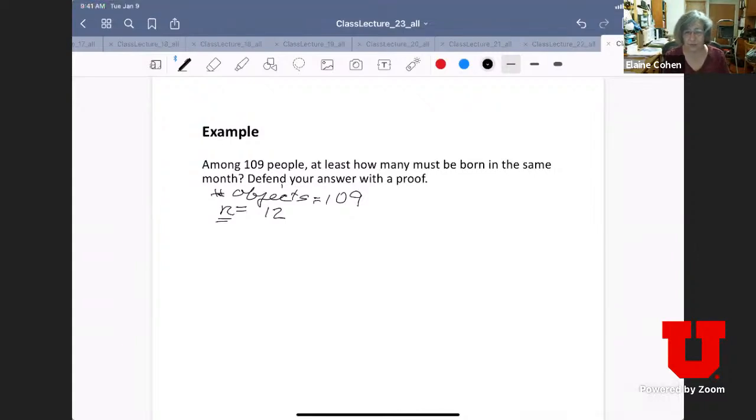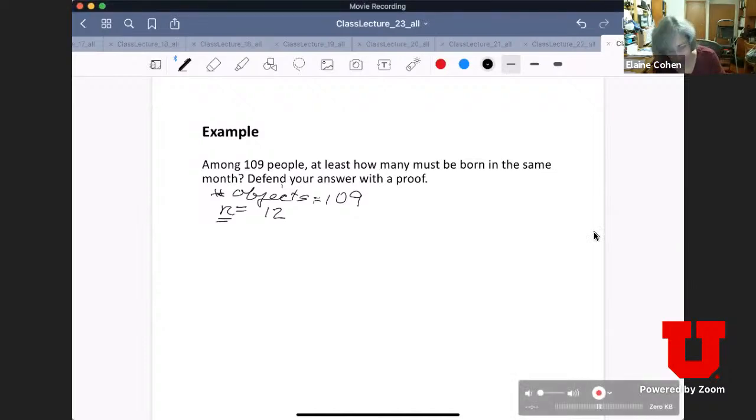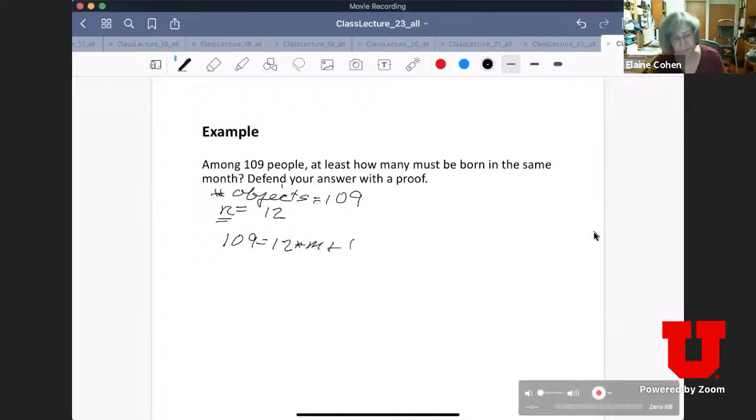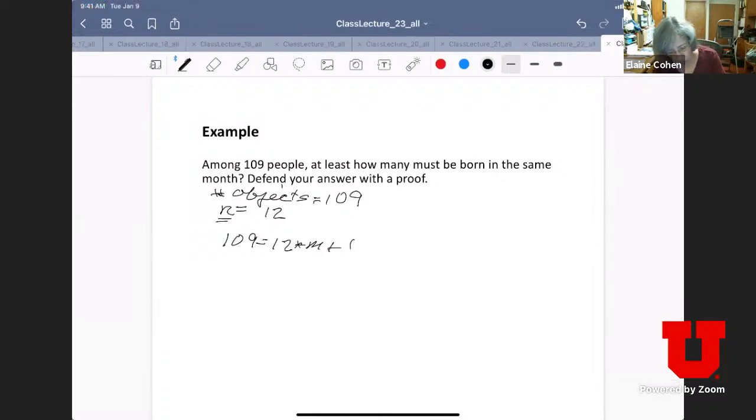The pigeonhole property says that 109 is equal to 12 times M plus 1, or 12 times M equals 108. What's M? You guys don't do enough construction work.